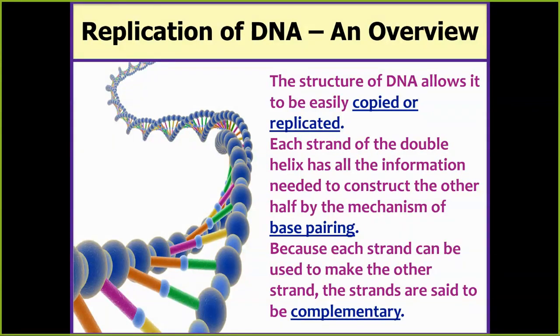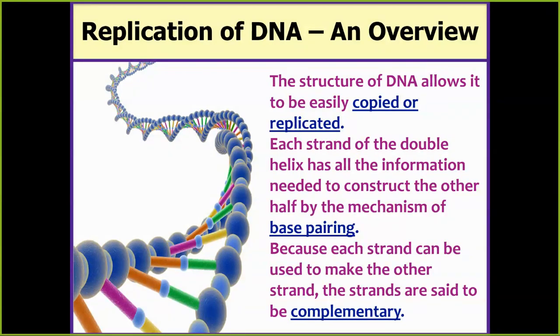Anybody? You got a bunch of peanut butter. What do you have to add to those sandwiches? Jelly, absolutely. Peanut butter and jelly are complementary, they go together. Much like the base pairs, we know that A and T are complementary, C and G are complementary.